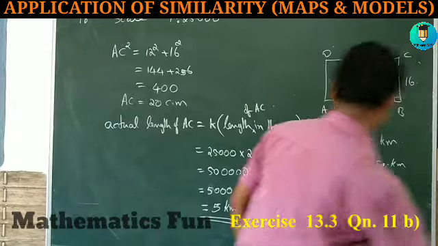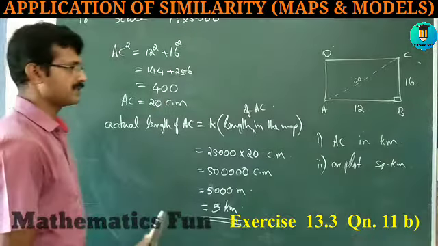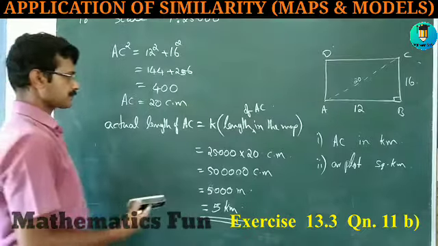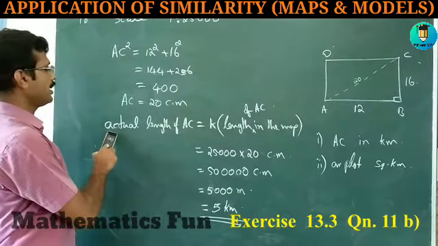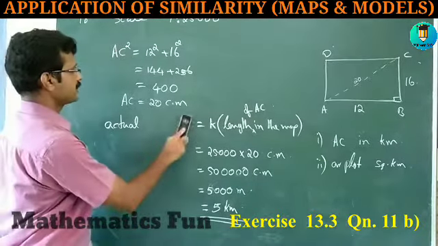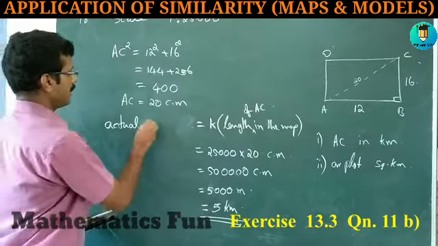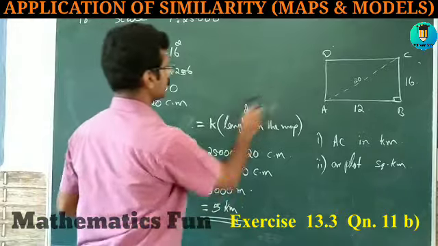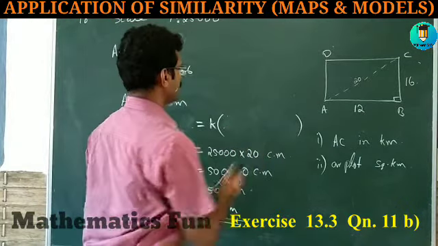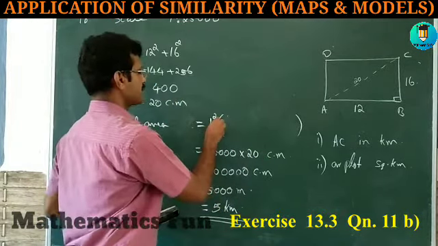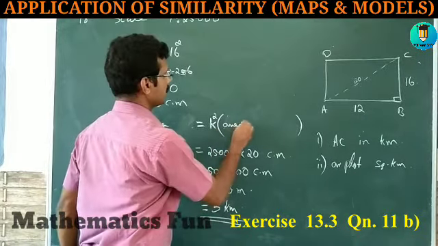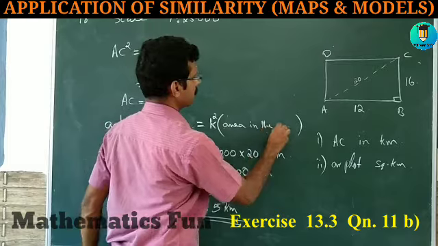Now we need the second part, the area of the plot. Next part, that is the last part. Actual area is equal to K square into area in the map.